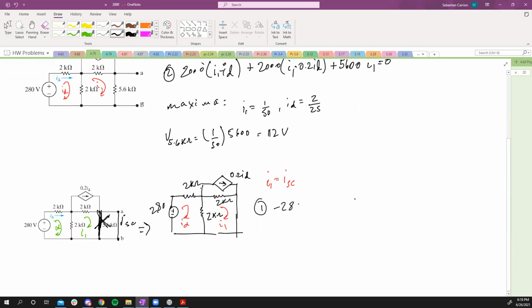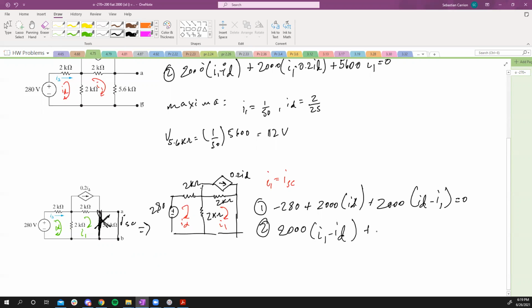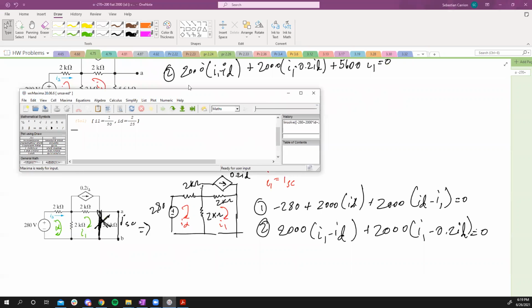I have negative 280 plus 2000 times ID plus 2000 times ID minus I1 equals 0. And our second equation would be 2000 times I1 minus ID plus 2000 times I1 minus 0.2 ID equals 0. So then we can plug this back in.